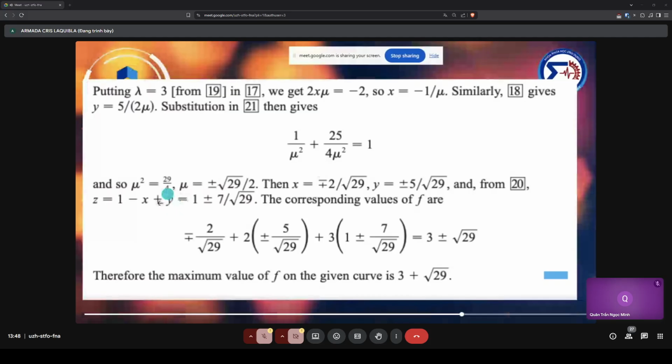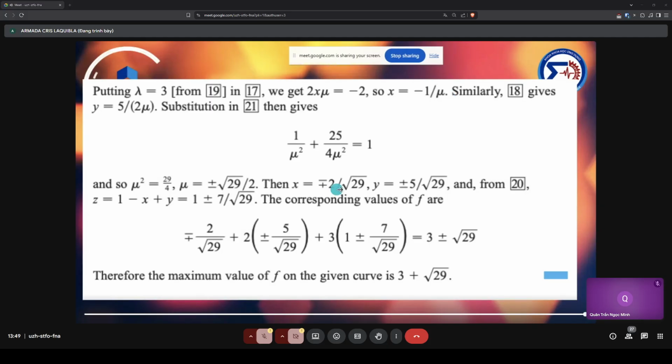Now, if this is your mu, you substitute it here in your x, and you will get two values of your x. You have there a negative because you substitute the positive first in your mu. So negative divided by positive, it's negative. That's why the first answer is negative. The second will be positive. So minus plus 2 over square root of 29. This is now your x.